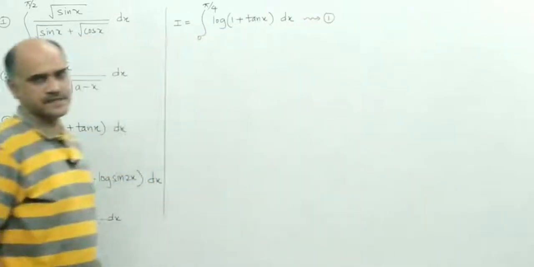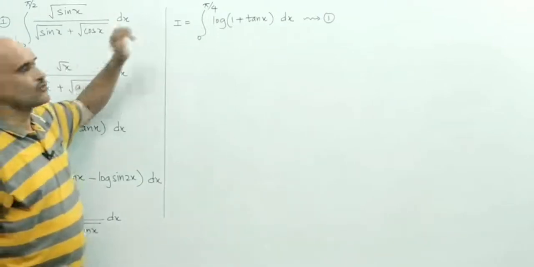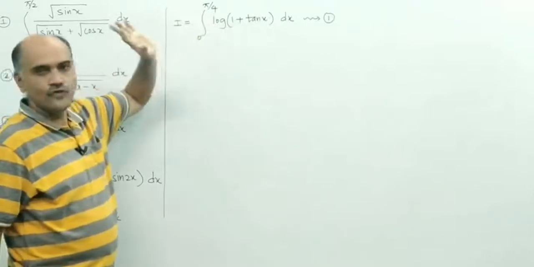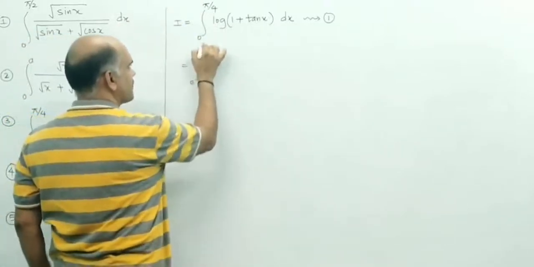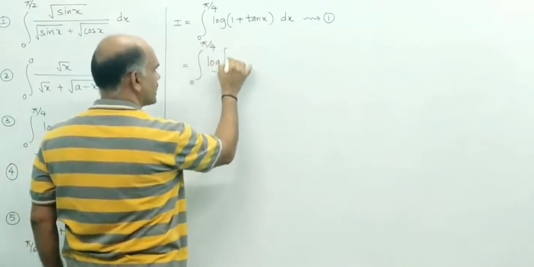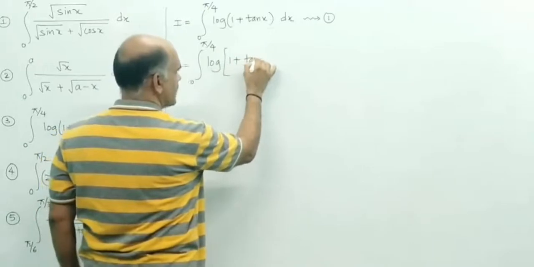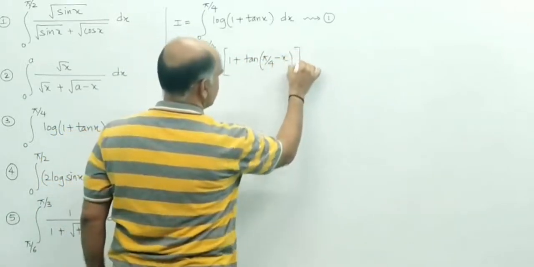Again same step, by using the property, in place of x you can write pi by 4 minus x. So this is 0 to pi by 4 log into bracket 1 plus tan pi by 4 minus x dx.